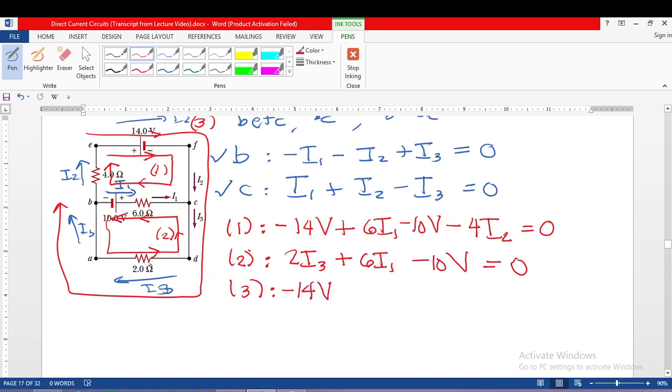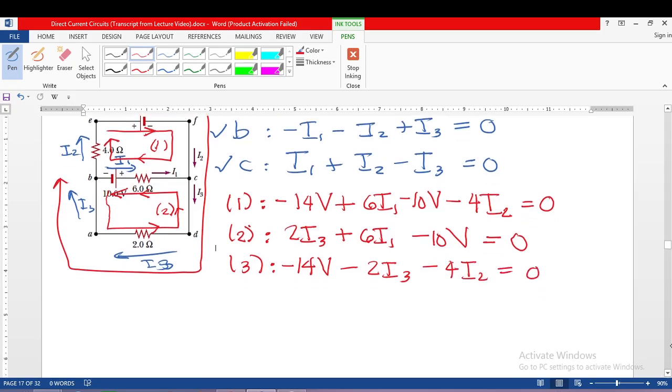The current is in the same direction as the loop, so the voltage across 2 ohms is negative 2 I3. For 4 ohms, it is still negative because it is the same direction as the loop and current. Then we are ready to calculate I1, I2, and I3.